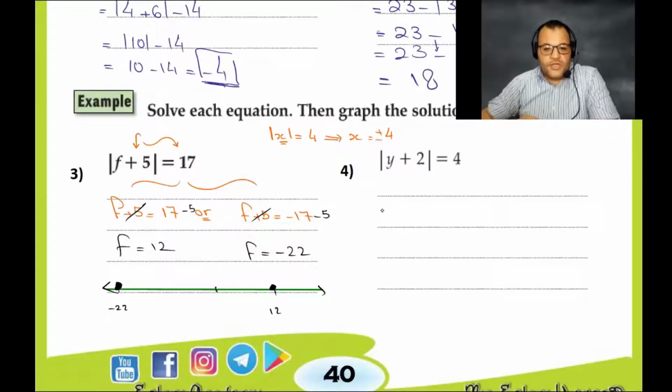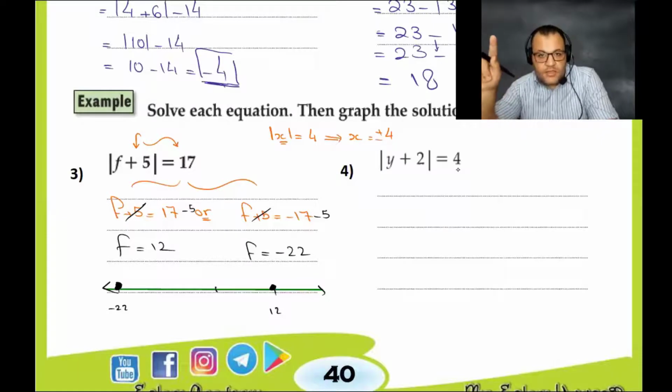So again, for number four: the absolute value of y plus 2 equals 4. How do we solve it? Without taking 2 to the other side, at the first step you need to remove the absolute value.